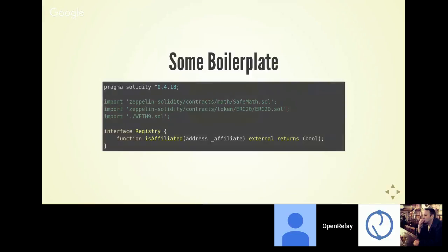All right, so first we are going to take a look at the affiliate contract. Later we will look at the affiliate factory contract. So first of all, this is some boilerplate that you would find at the top of our affiliate contract. The pragma at the beginning says that we're using Solidity version 0.4.18 or higher.